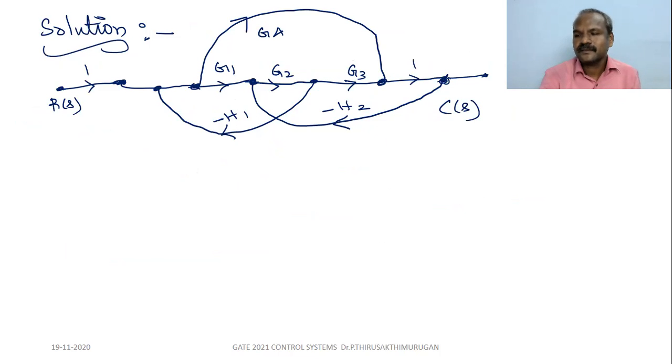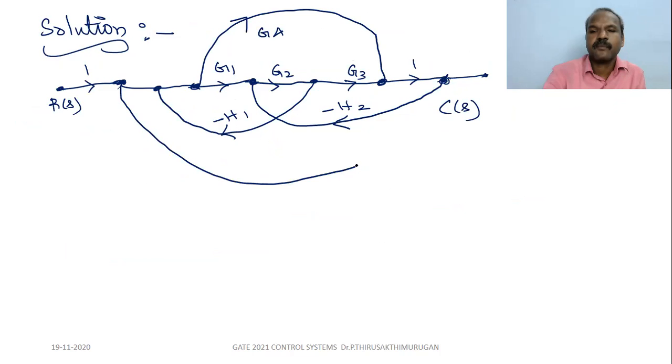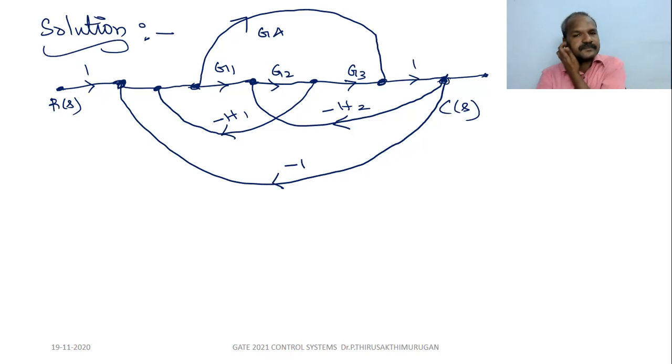Finally, between this and this, there is a feedback path, which is minus 1, negative feedback, the overall feedback of the system.